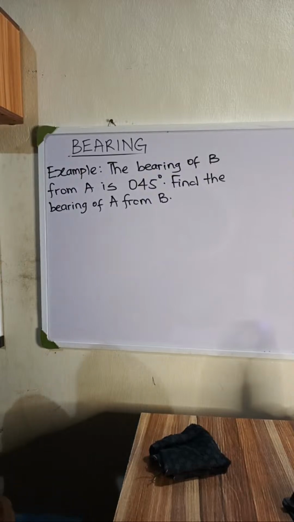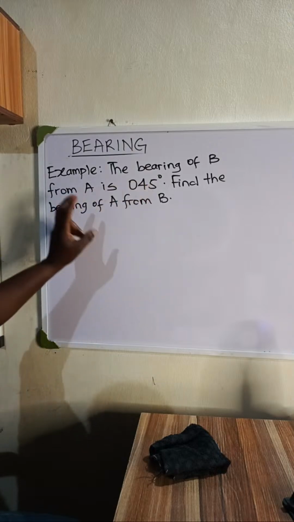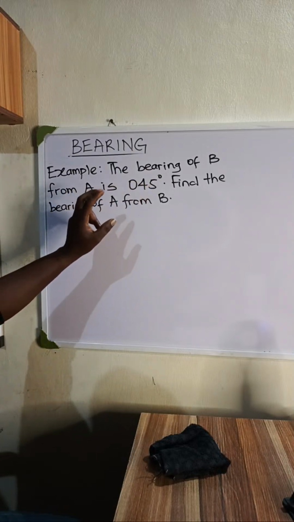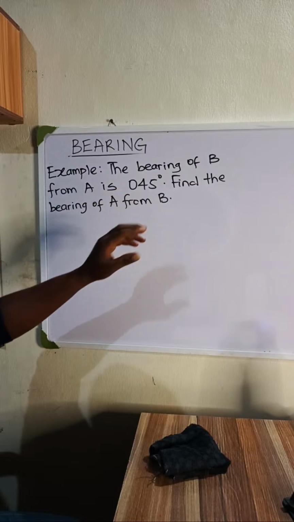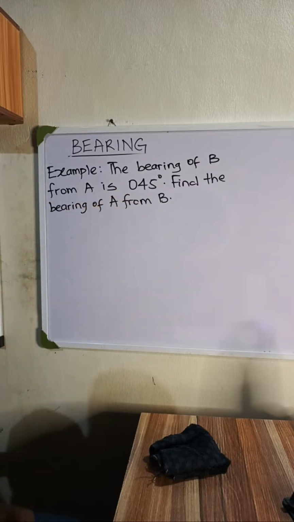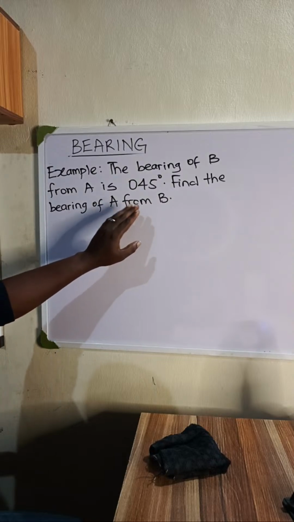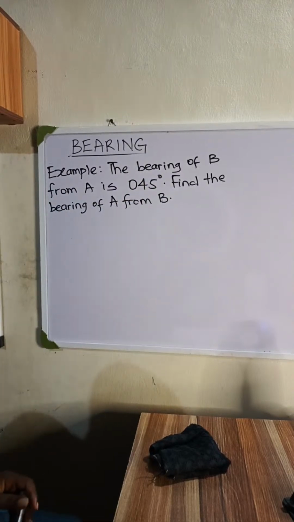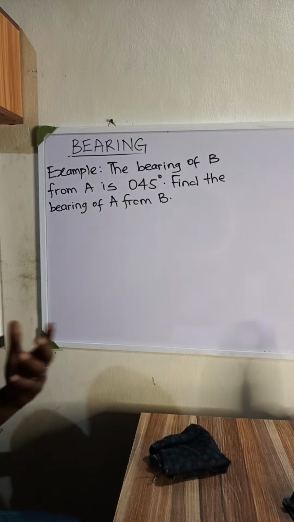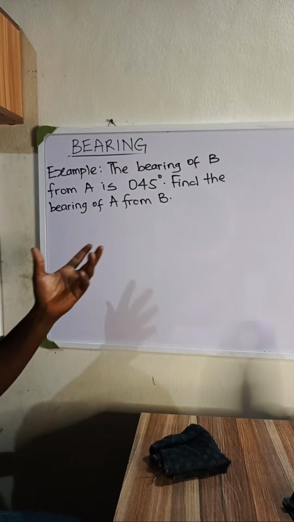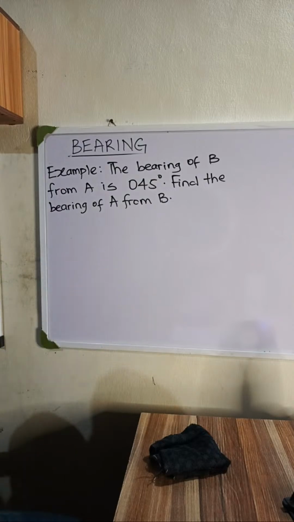Okay, so we want to consider this simple example. We are told that the bearing of B from A is 45 degrees. Now we're expected to find the bearing of A from B. So what I just told you some minutes ago, this is a practical example of that.